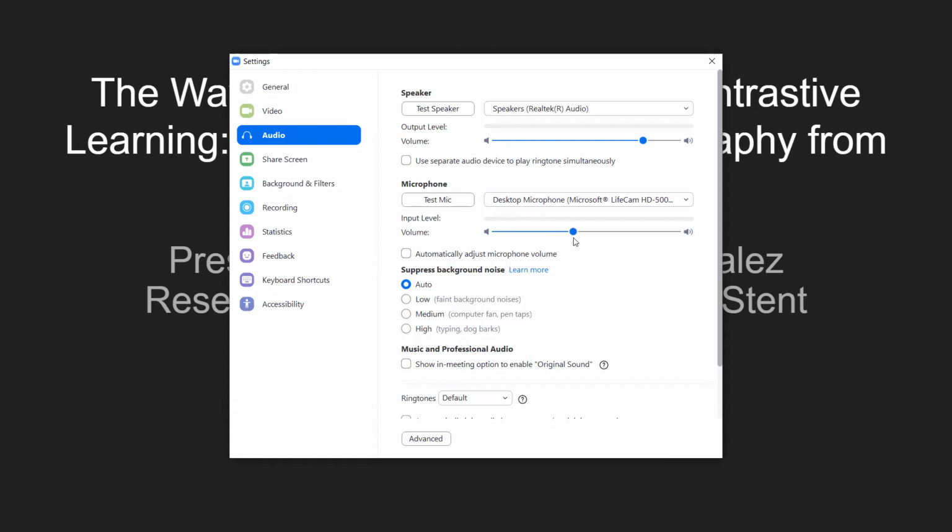Okay, does it sound better now? Yeah, a little bit better, but still very small. Can you maybe turn it to the maximum? Okay, like this? Yeah, I think that's better.